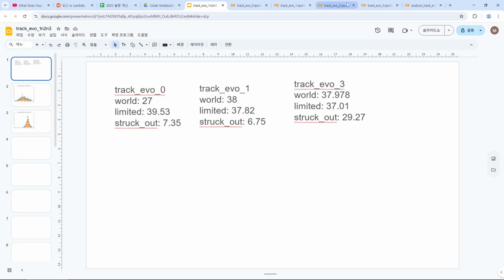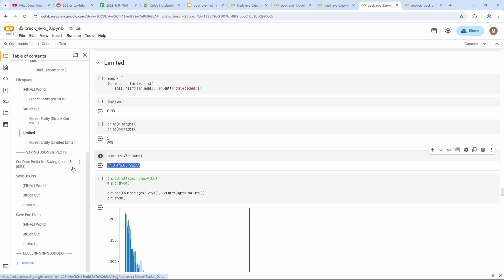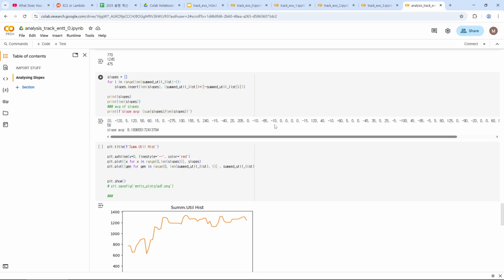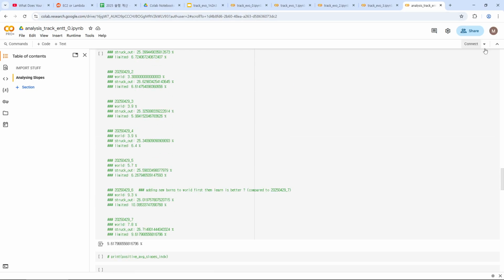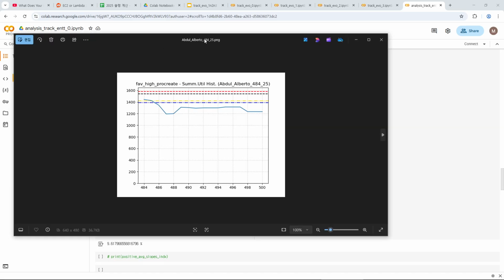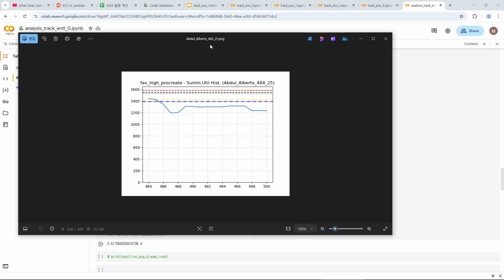And what else did I want to cover? Have a look at the sum utility history for entities in the final world when learning was enabled.